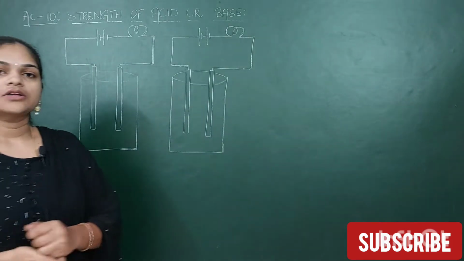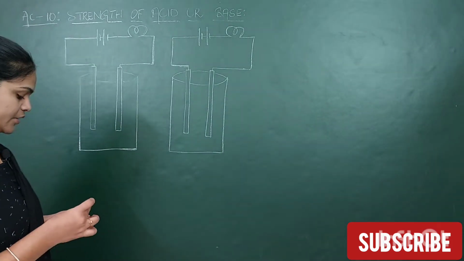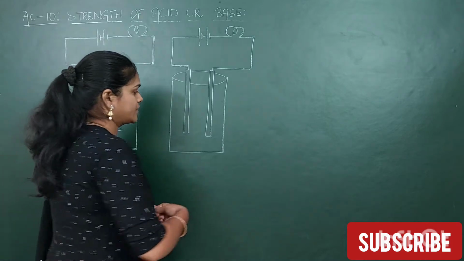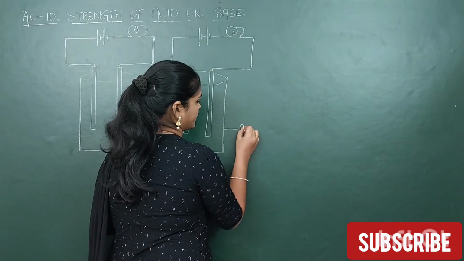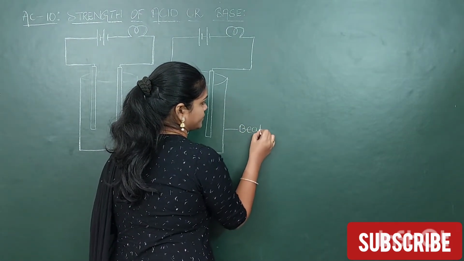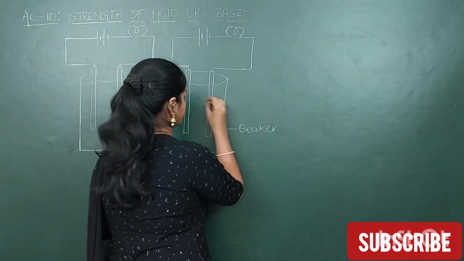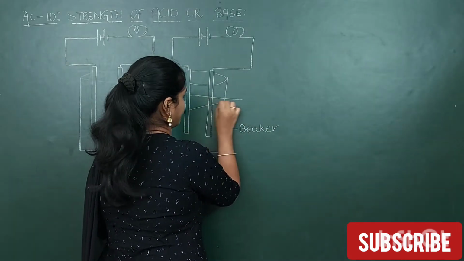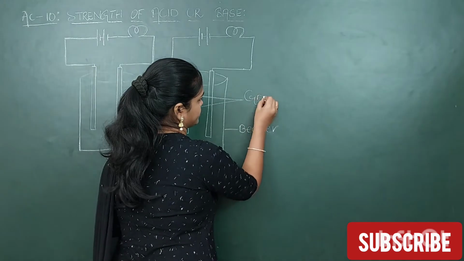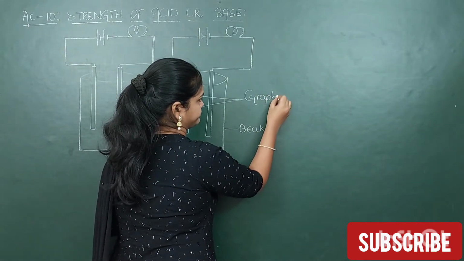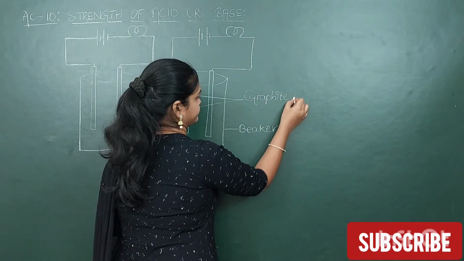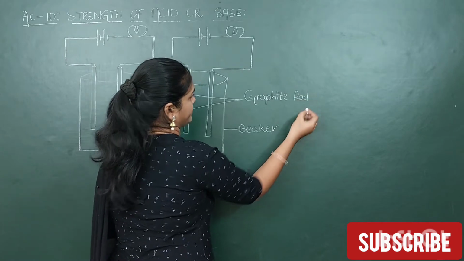So firstly you take a beaker and place two graphite rods in it.